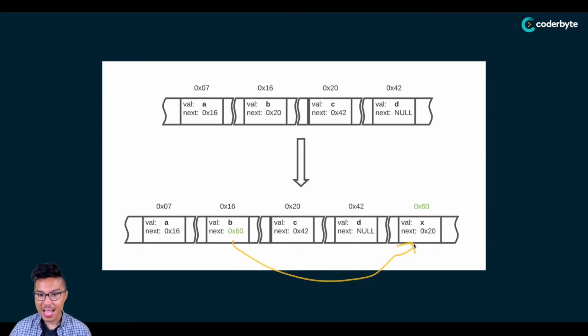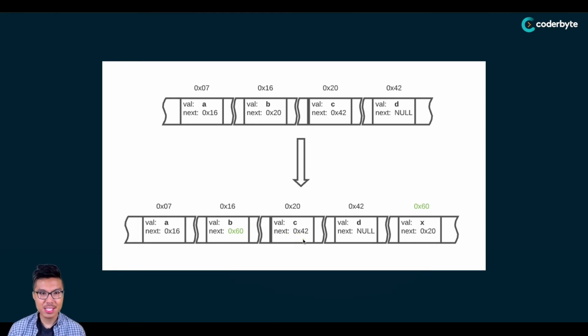And now this X is going to say that, hey, my next is going to be address 20, which means that the thing that follows X is going to be this C. So I actually only need to change one address to insert something into my existing linked list, right? I really just changed this address from 20 to be 60. And notice that my new node has a next address of what B used to point to, right?